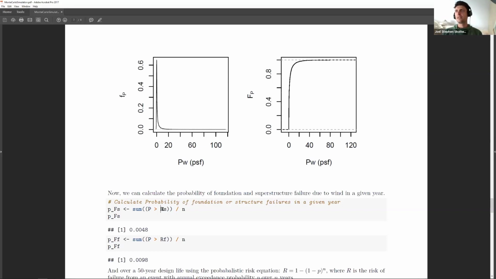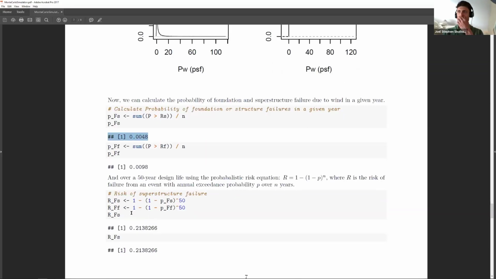So I just said how many of those are bigger than that threshold, and divide by n to get the frequency. That's my annual chance of exceeding RS. Then I plug that into the risk equation to get the design life, or 50-year, probability of seeing something equal to or greater than that particular pressure. Okay.